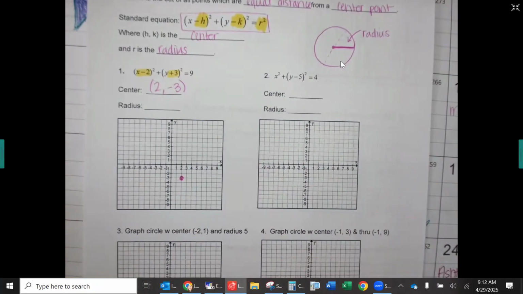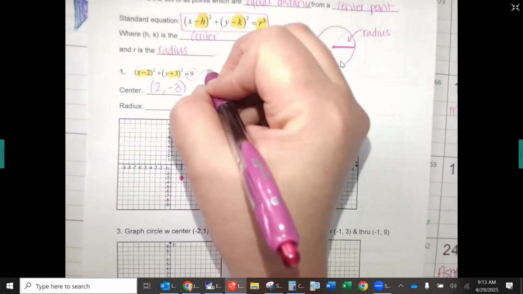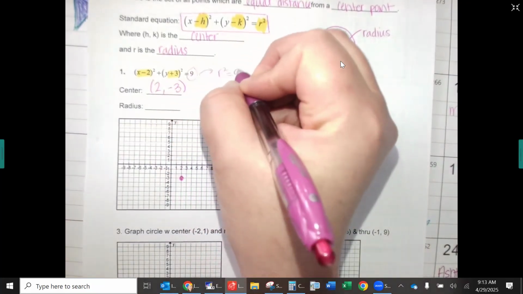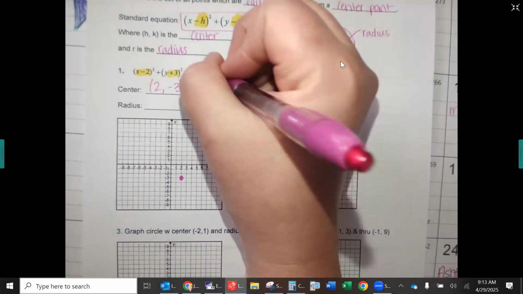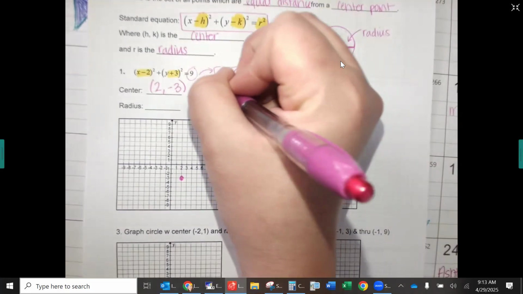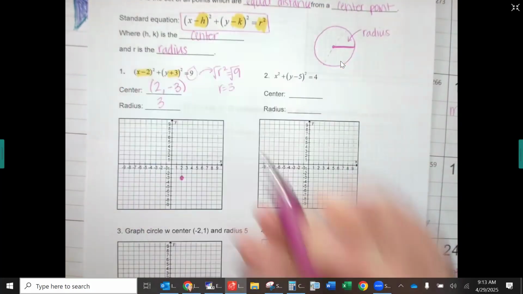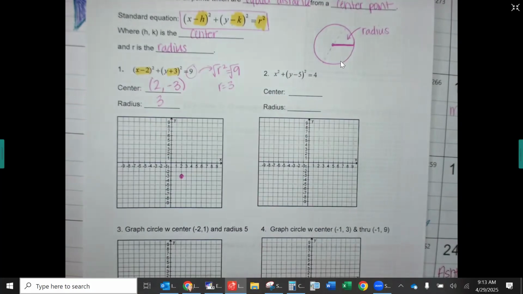The number on the opposite side of the equals is the r squared. So if r squared is 9, what do I need to do to find the actual r? Just take the square root. It'll go to 3. So my r is 3. To graph your circle, start at your center.